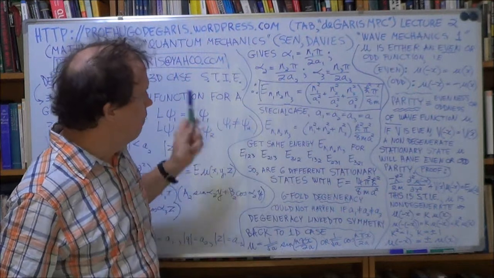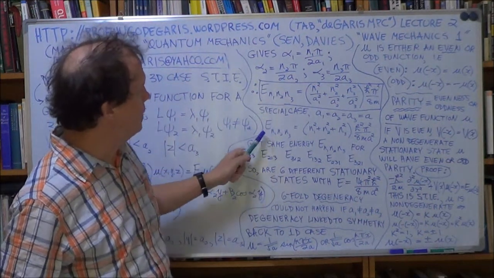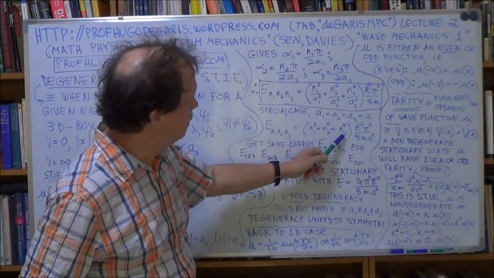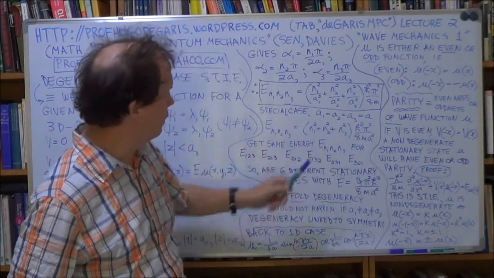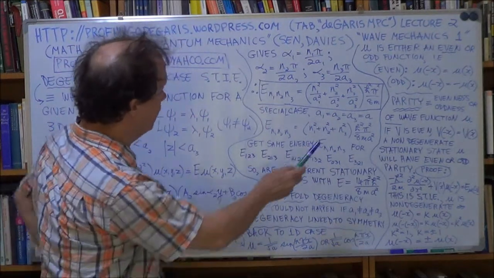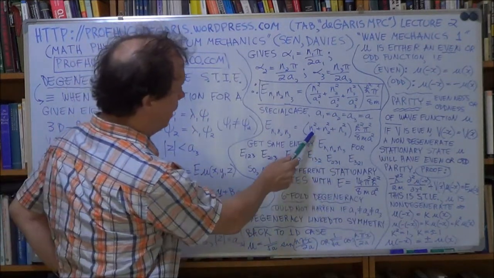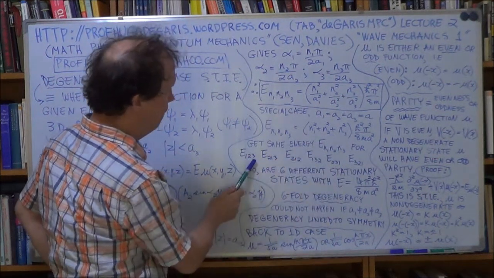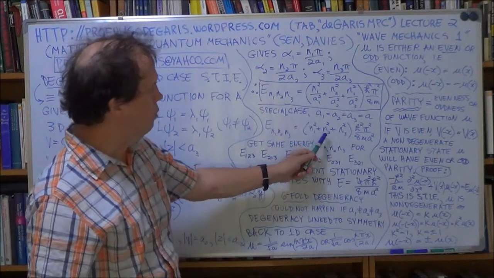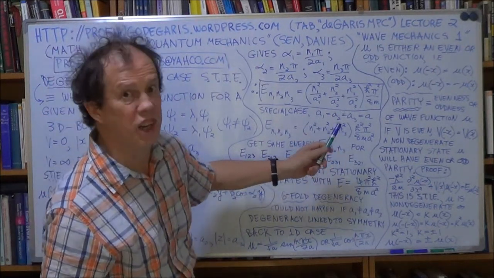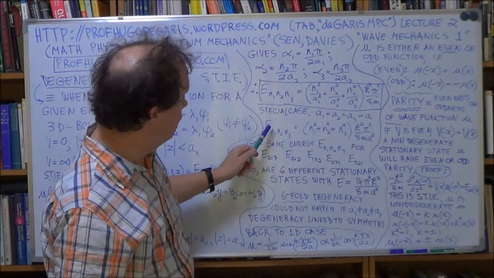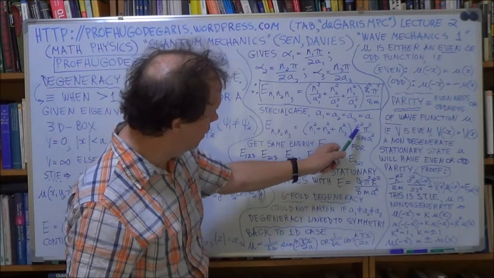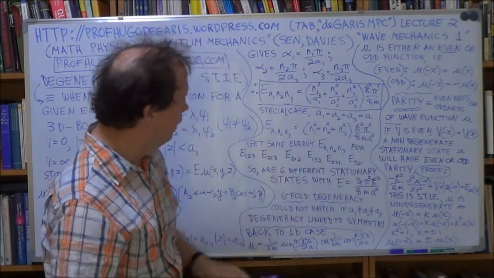Okay? But we can get the same energy, and hence the same eigenvalue, for different values of these different integers. Now, here, watch. Say I let n1 be 1, and n2 be 2, and n3 be 3. So I get 1 squared plus 2 squared plus 3 squared, that's 14. Okay? So the energy then for 1, 2, 3 would be 14 times h bar squared pi squared, and so on.